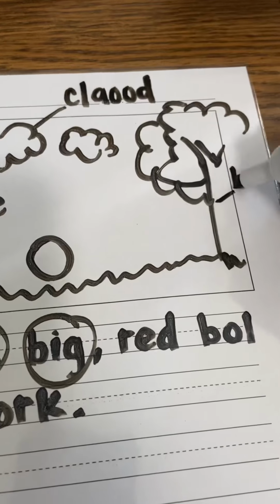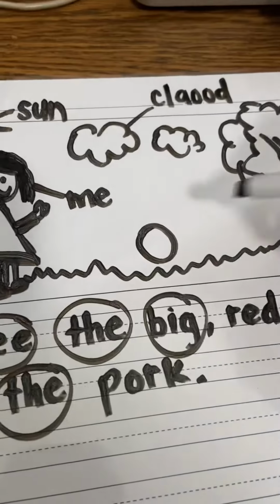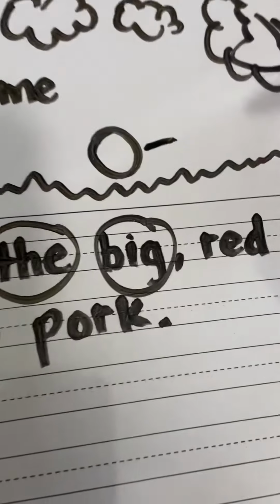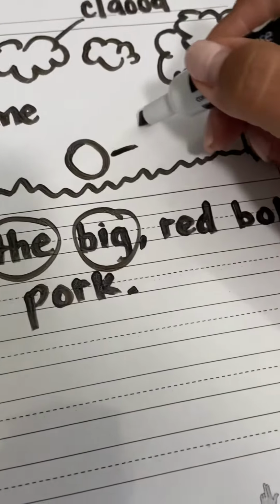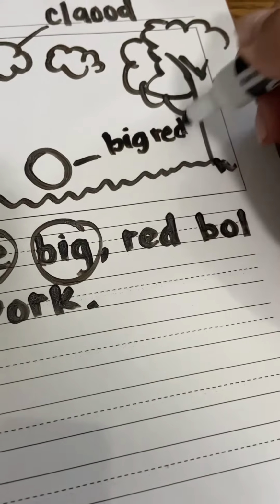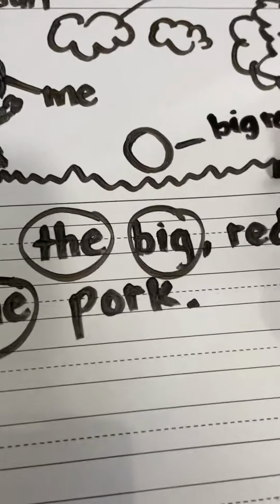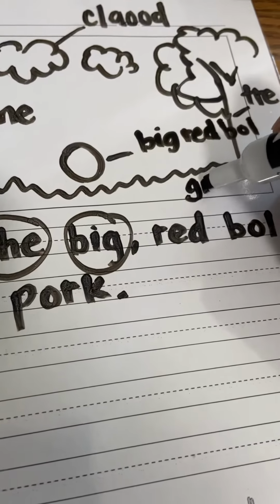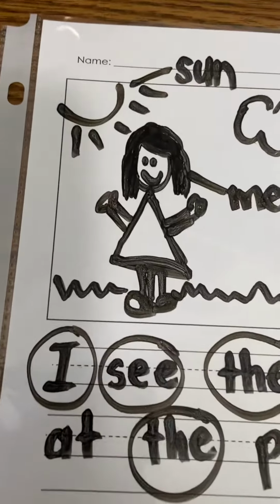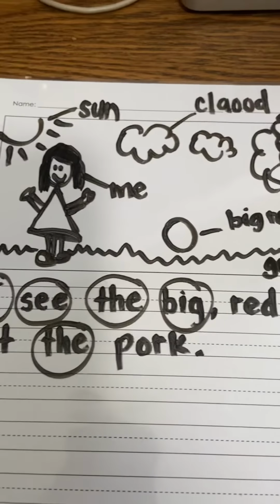Tree, t, r, e, long E, okay? And then ball. And here for ball, you could even write big red ball. You can say, oh, well, you wrote big red ball here, so just write that again here. Big red ball, okay? And then here we have grass, so we can write g, r, a, s, s.